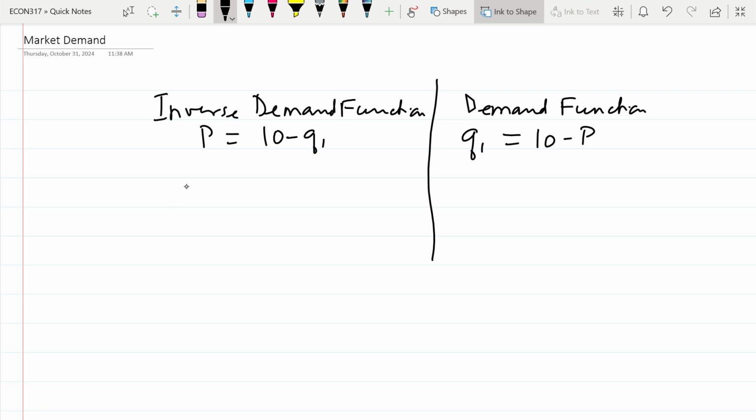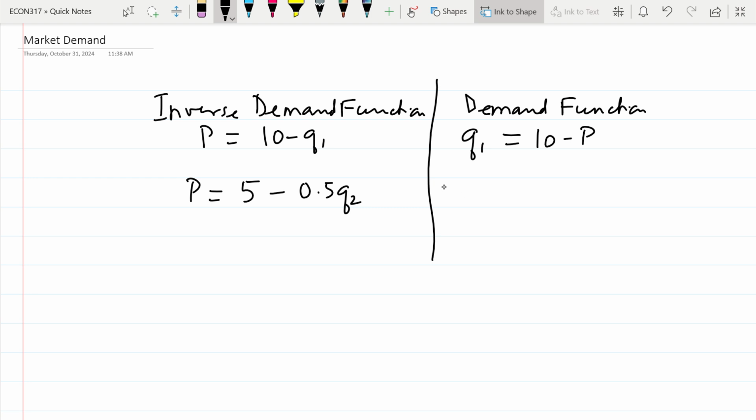Then I have the second person. The inverse demand is given as P equal to 5 minus 0.5 Q2. To convert it into the demand function, we will have to go through two steps. First, let's move the negative 0.5 Q2 on the right to the left.